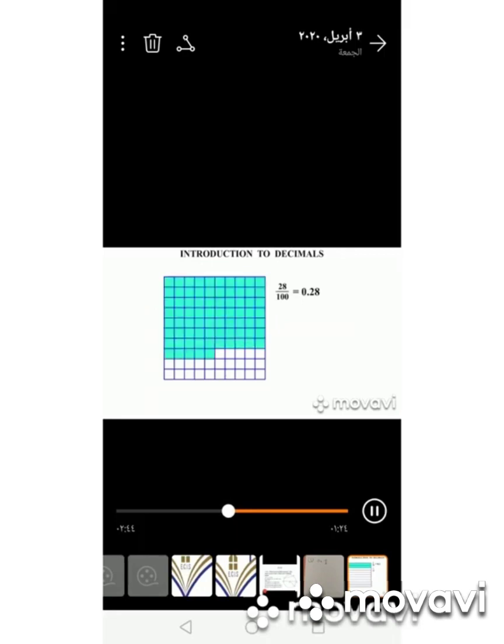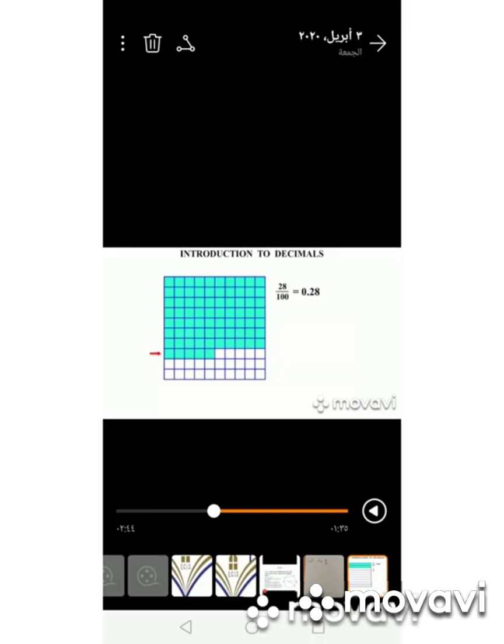Let's shade another part. How many complete rows do we have? Let's count them. 1, 2, 3, 4, 5, 6, 7. So we have 7 complete rows, with 70 squares. How many more down? 1, 2, 3, 4, 5. So we have now 5 squares more than 70.